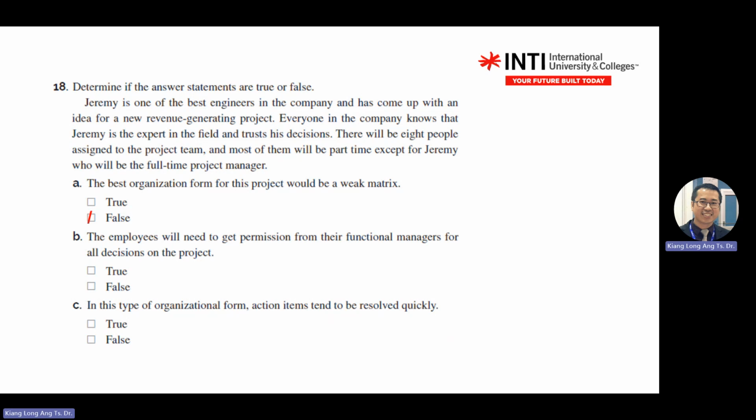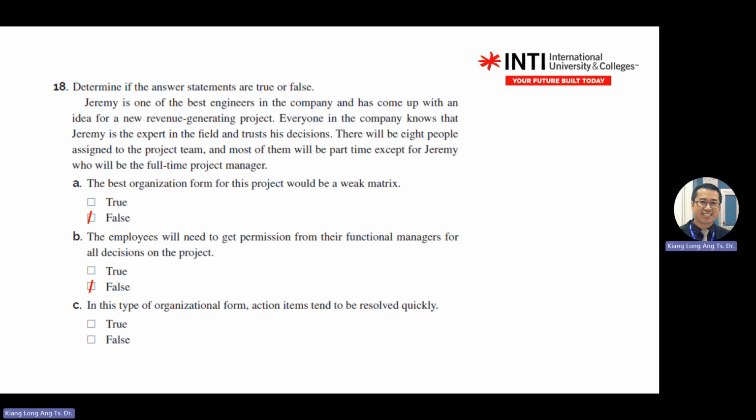Employees will need to get permission from their functional managers for all decisions on the projects. True or false? False. Why? This one is already not a traditional organization.